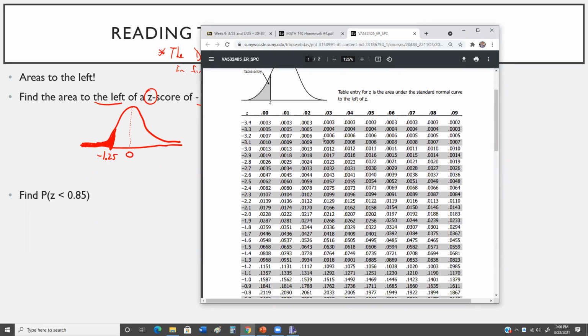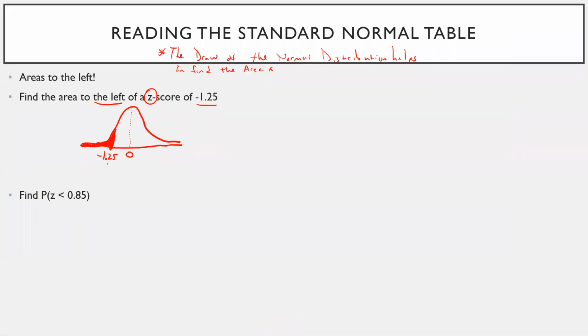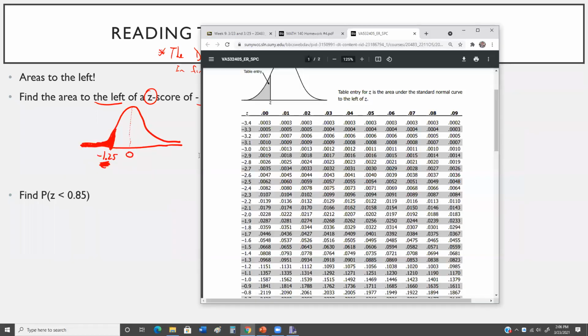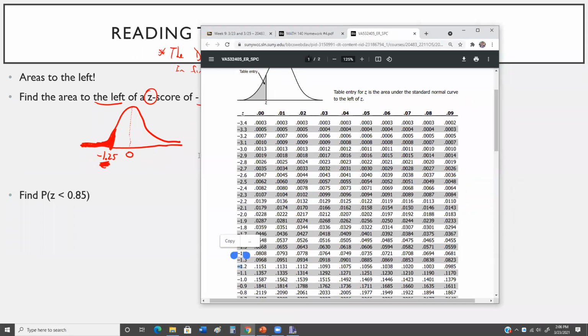Look at your table here. There's a row header at the top, and then there's this column down the side here, that's your column header. To look this up, you're going to look at the first two digits of your z-score, which is negative 1.2. Can you guys find on your table negative 1.2?